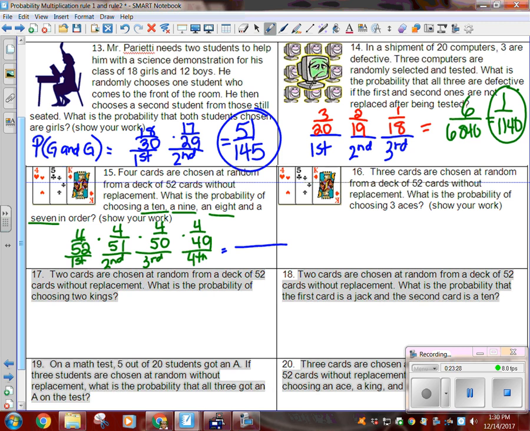Anybody got it reduced yet? I think I got a 32 on top. Did anybody else get that? I think I'd reduce that one by hand. Does that one reduce? This one can't, the math fraction key doesn't work on it.